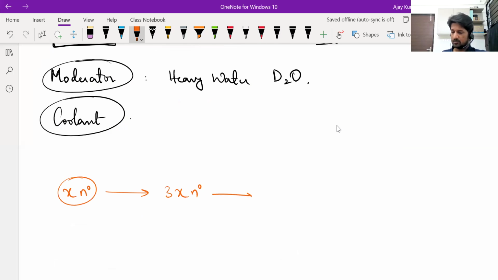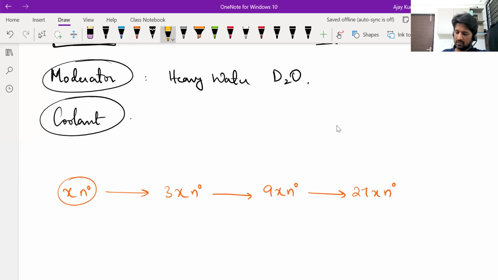Then after another step, 3 into 3, 9x neutrons will be present. Then the next step, 9 into 3, 27x neutrons will be present. They will collide with 27x uranium nuclei, and so on.